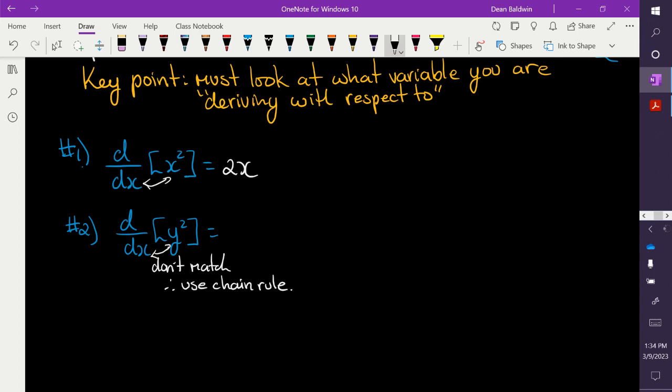So we have to use chain rule. So what we do is we go, all right, what's the outside function here? The squared. So chain rule would say drop that down times the inside function, which is just y, times the derivative of y with respect to x, this bit right here, is dy dx.